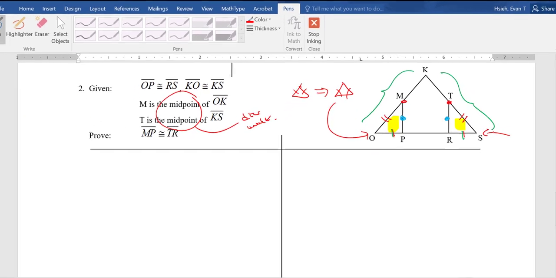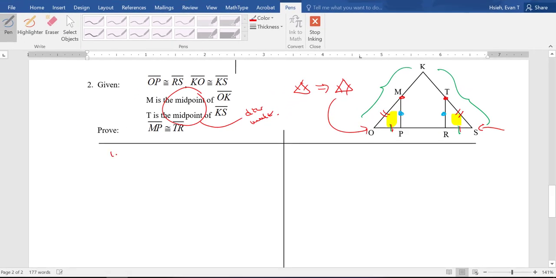Okay, let's write this out. Step 1, OP is congruent to RS. That's just giving you one of the sides. Step 2, I know that KO is congruent to KS, and I know that M is the midpoint of OK, and I know that T is the midpoint of KS.